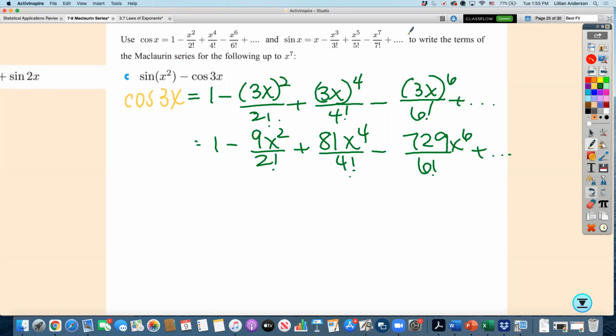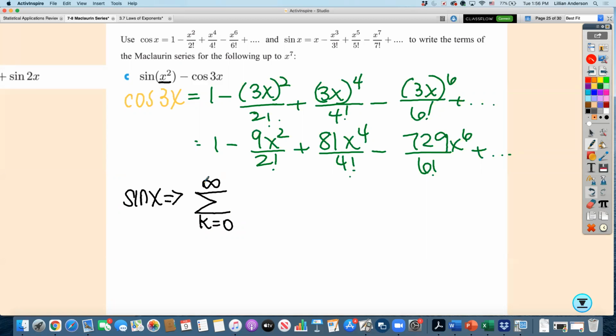The summation notation for the Maclaurin series for sin x, we are going to have to use that here in order to find the series for sin x squared. The reason why, like I said, is because in general, to get each of these respective terms, especially with the exponent the way that it is, when we apply that x squared, it's going to affect the exponent within the series.